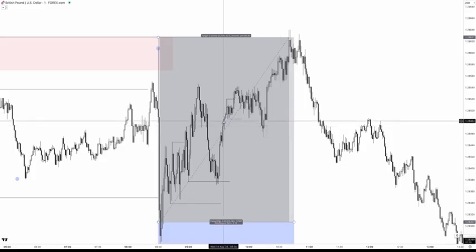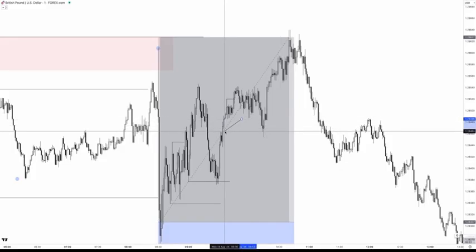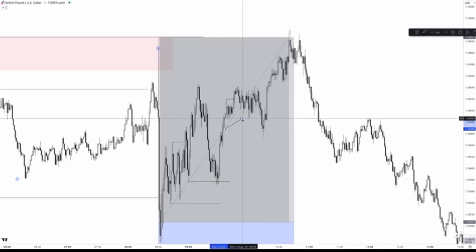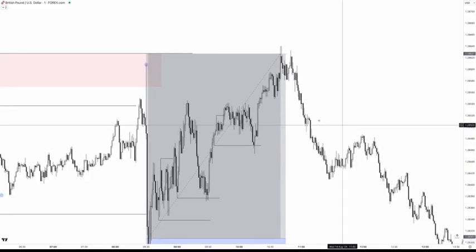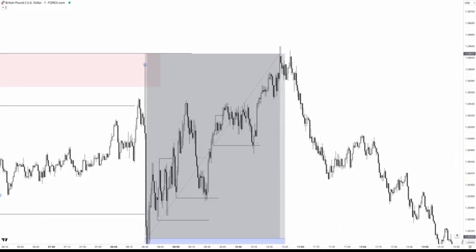To be honest, you can even see this low right here was respected. And then this low being the liquidity block right underneath a trap. That's how I took it, right?